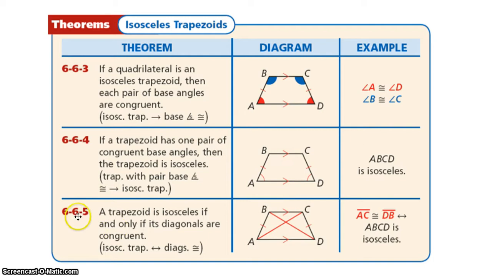And finally, 6.6.5, a trapezoid is isosceles if and only if its diagonals are congruent. So if you know you have a trapezoid and you can show that the diagonals are congruent, AC is congruent to DB, then that trapezoid is an isosceles trapezoid.